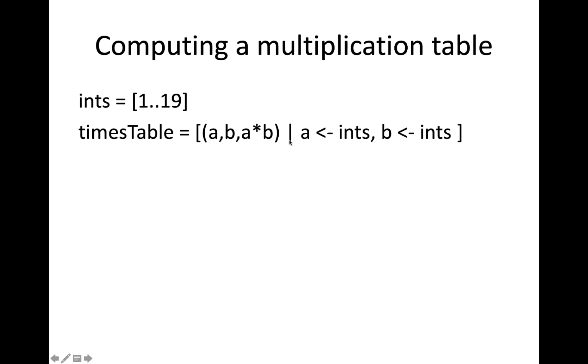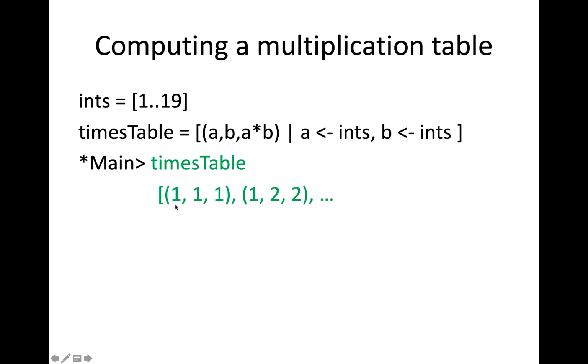And then on the left hand side of this vertical bar, that is an expression, and here we say we have a, we have b, and we have a multiplied with b, and the ultimate output will be all such possibilities, and that means we'll have a as 1, then b as 1, b as 2, and so on.